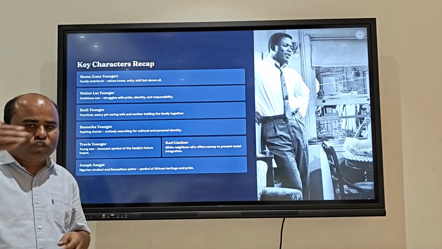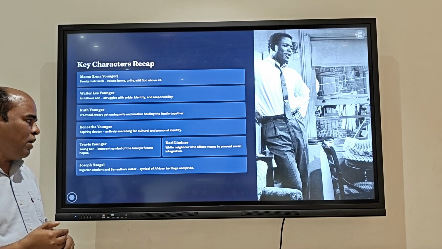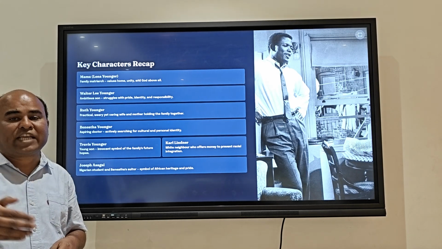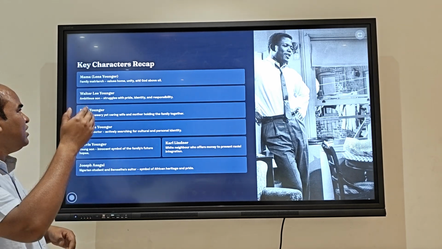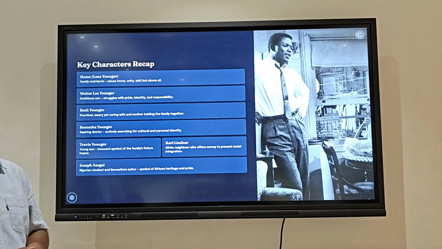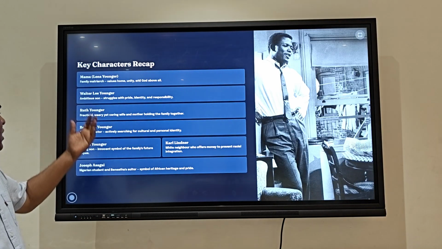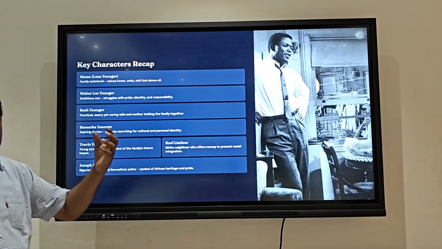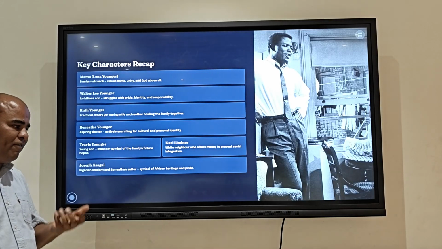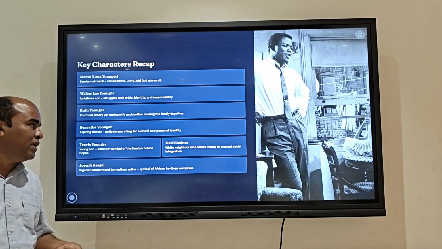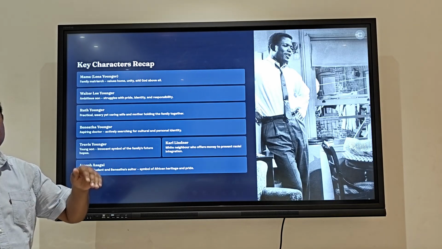So before we launch on to talk about the action of the play, let us take a brief recap of the key characters of the play. So I've already told you that this play is a story of a family, the Younger family. There are three generations of that family.